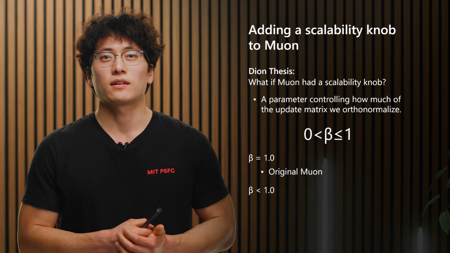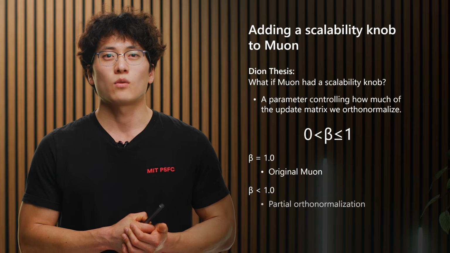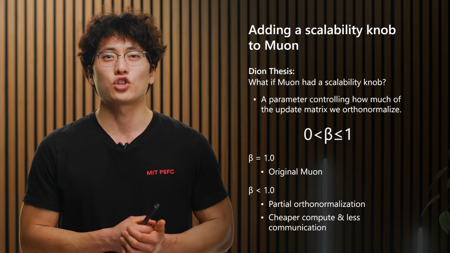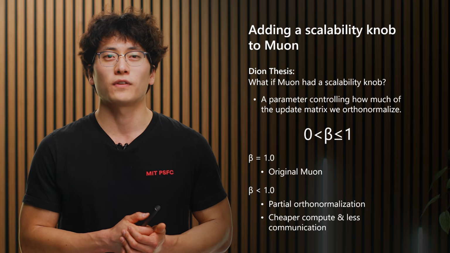Whereas when beta is chosen strictly less than 1.0, we're doing partial orthonormalization, hence leading to cheaper compute and less communication, and hopefully it retains all the benefits of Muon. So the scalability knob, again, is chosen between 0 and 1.